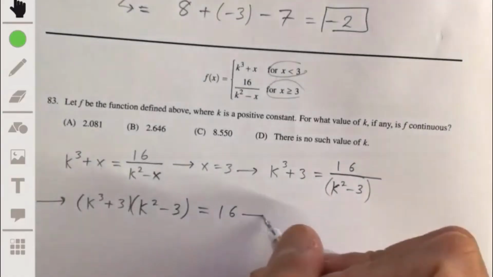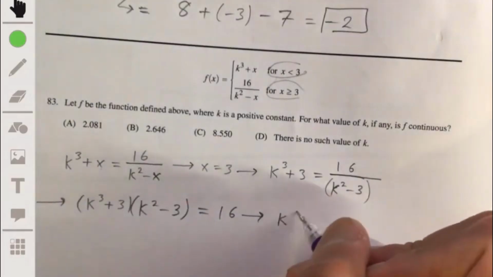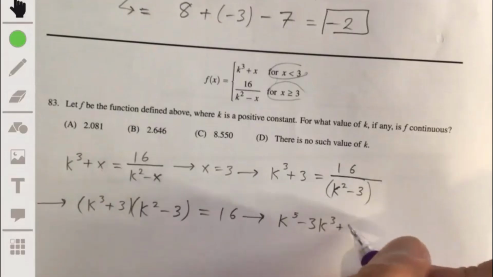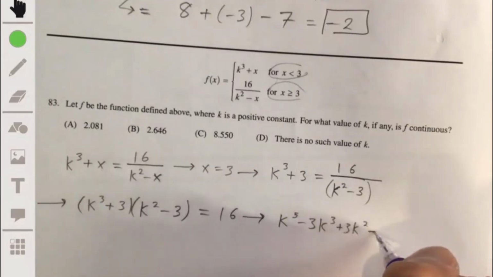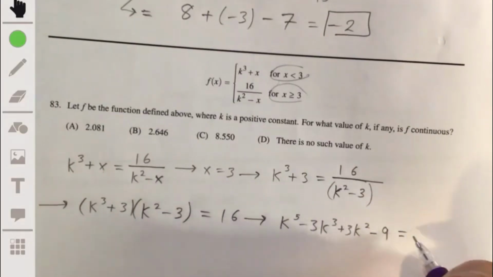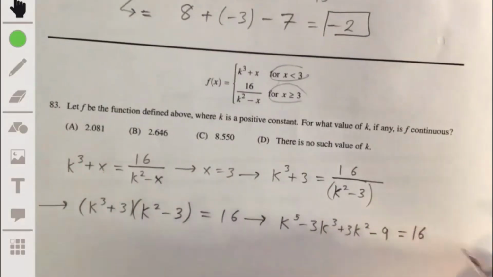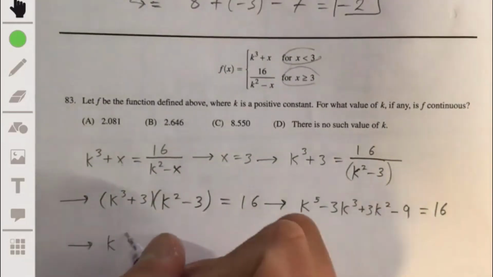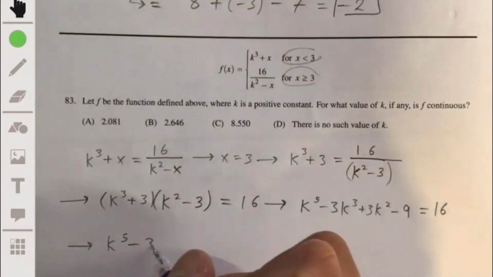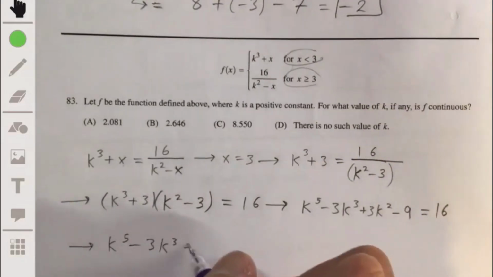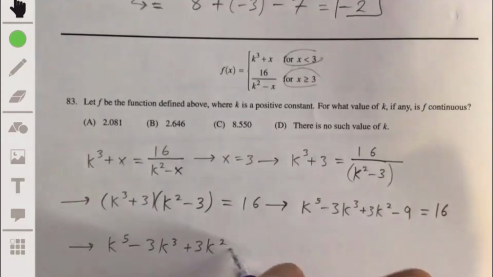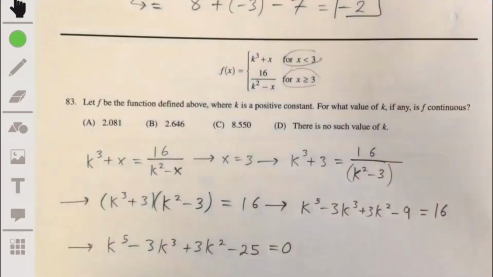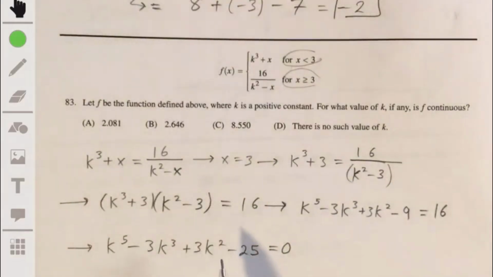Multiplying this out, distributing, we'll get k to the 5th minus 3k cubed plus 3k squared minus 9 equals 16. Take away the 16 and you'll get minus 25 for that: k to the 5th minus 3k cubed plus 3k squared minus 25 equals 0. So we want to solve this equation.